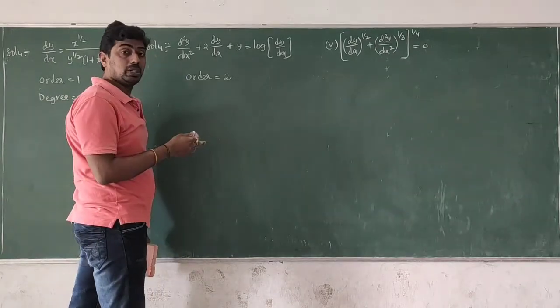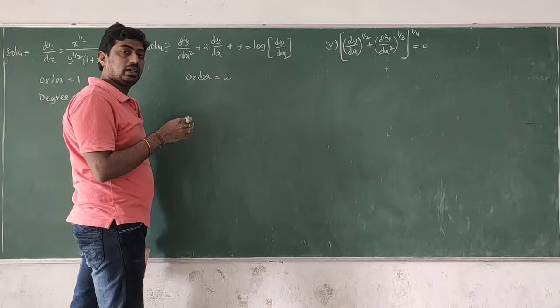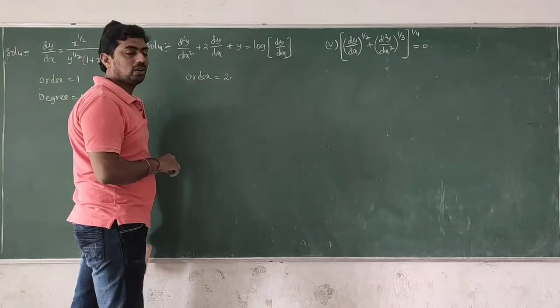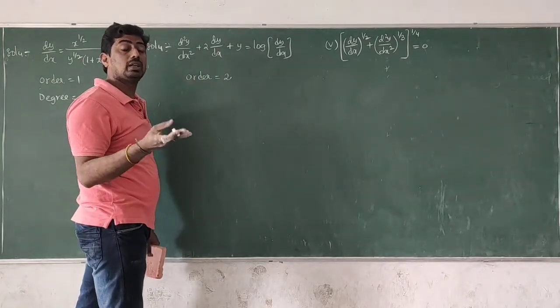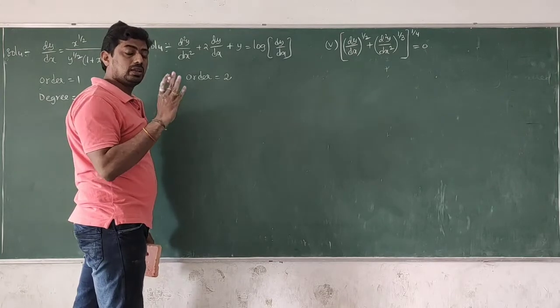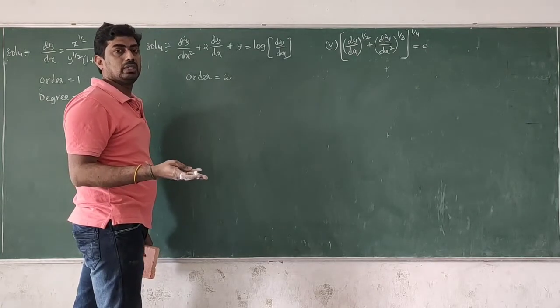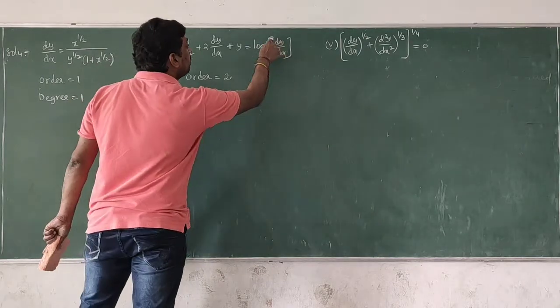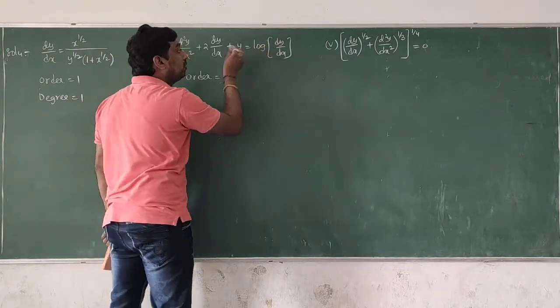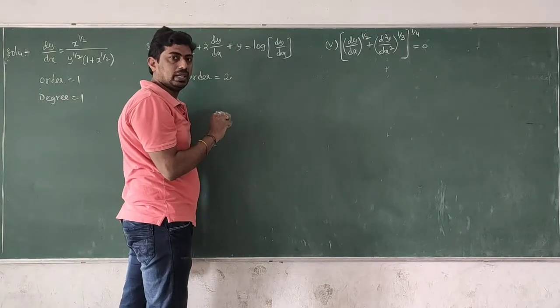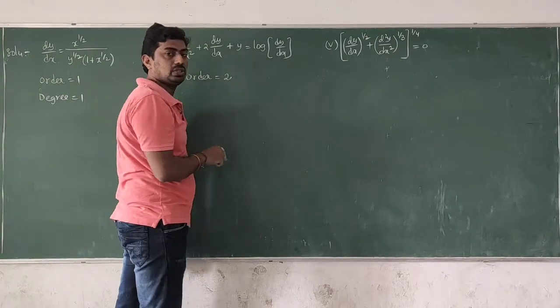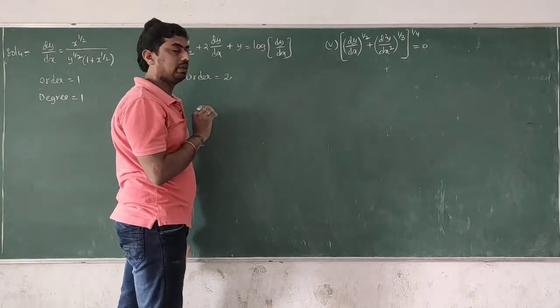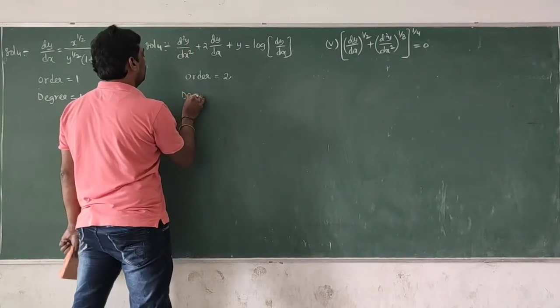If the derivative terms are involved in logarithmic terms, exponential terms or trigonometric terms, then the degree of such differential equations is not defined. Here the dy by dx term is involved in the logarithmic term. That's why the degree of this differential equation is not defined.